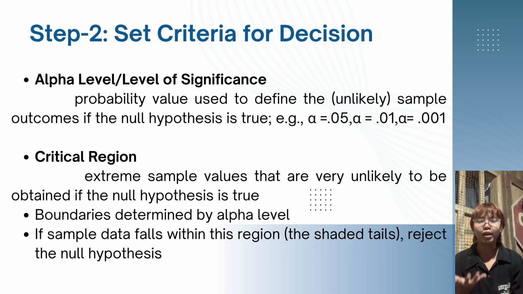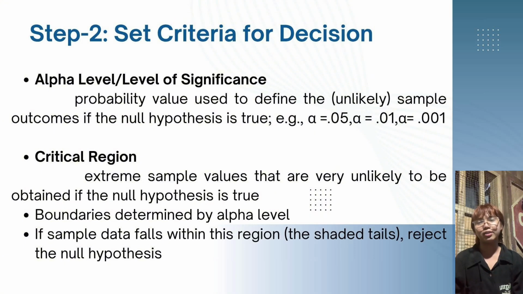Common alpha levels are 0.05, 0.01, and 0.001. For instance, if I set alpha equals 0.05, it means we are willing to accept a 5% chance of incorrectly rejecting the null hypothesis. This is also known as a type 1 error.